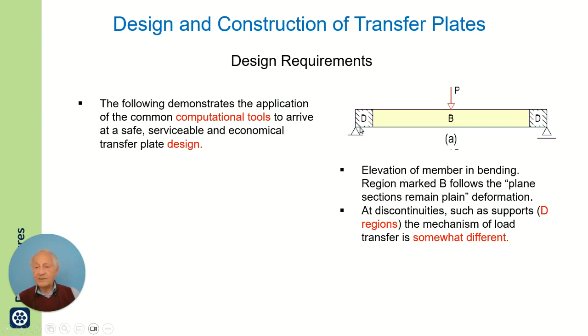It breaks the member into regions marked B and regions marked D. At discontinuities, such as supports, where we have D, the mechanism of load transfer is somewhat different from the middle, where we typically apply the regular plane sections remain plane and the beam theory to determine the stresses.